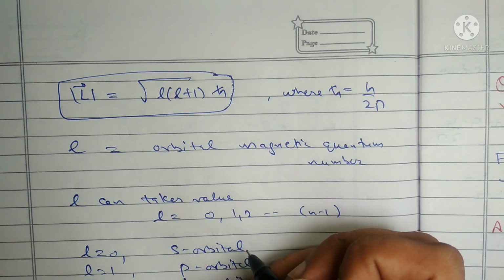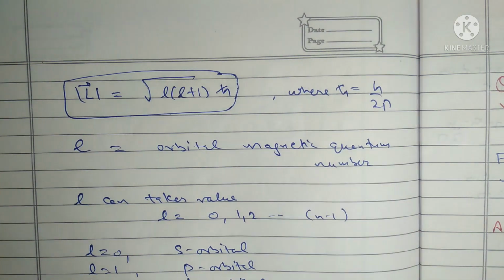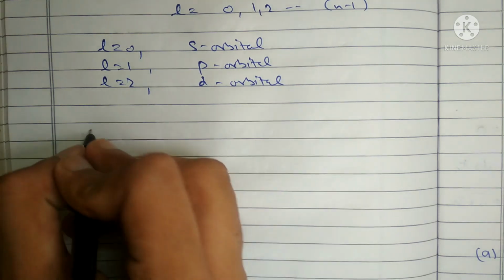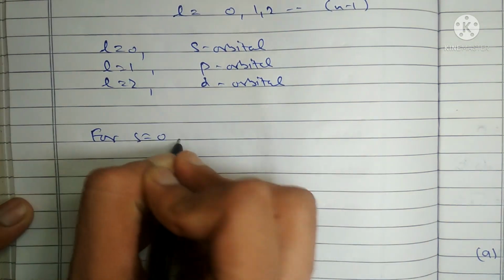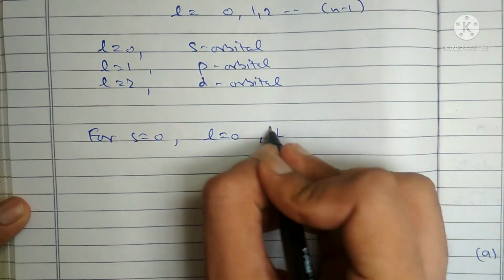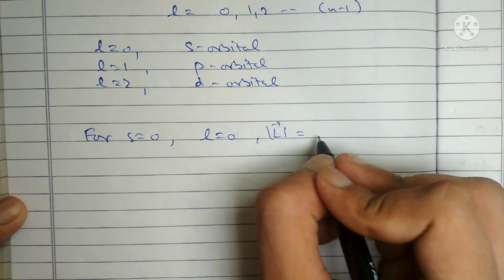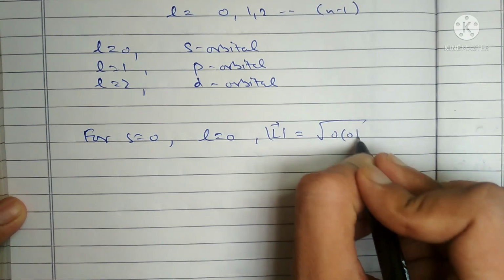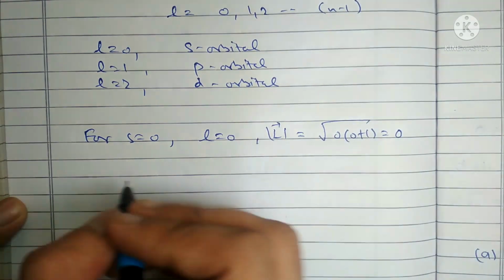It can take only discrete values. Let us take the examples. For s, l is equal to 0, then the magnitude of angular momentum is given by root 0 times 0 plus 1, which is equal to 0.